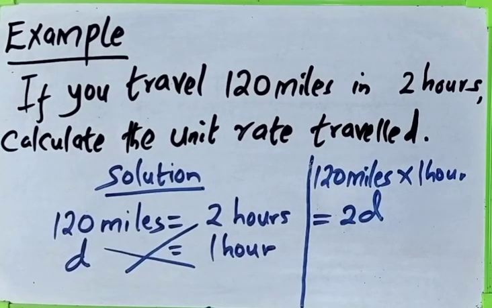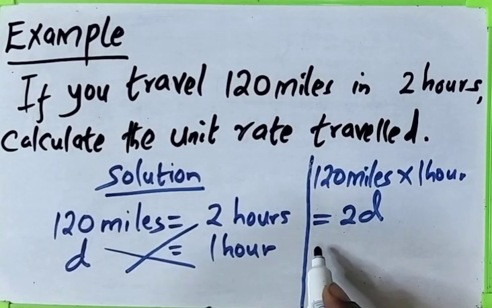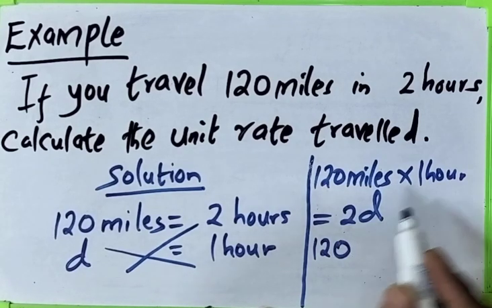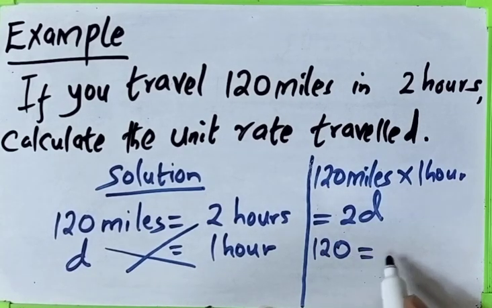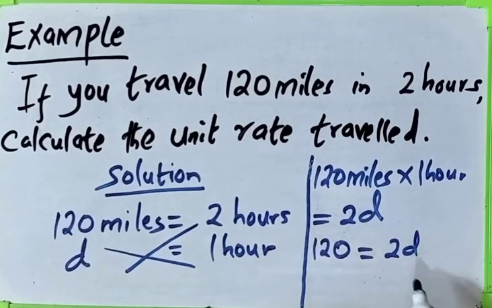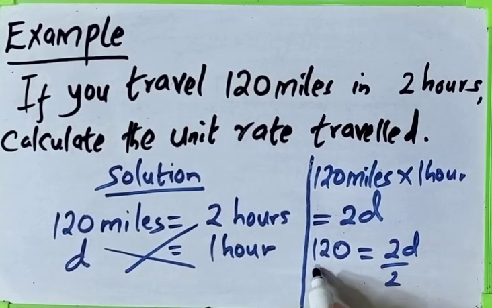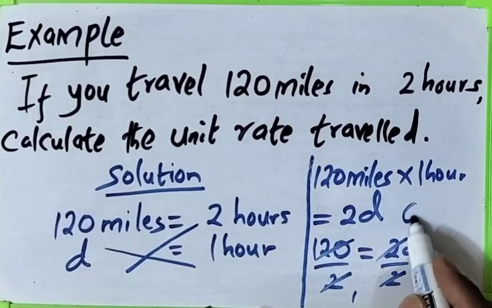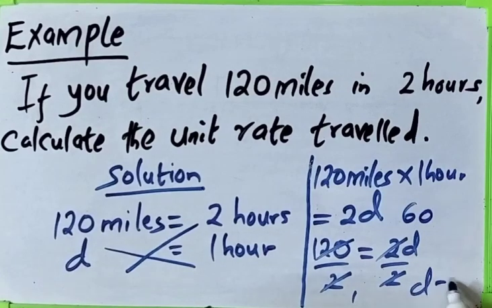So 120 times 1, which is 120, is equal to 2d. So you divide by 2 on both sides, and 120 divided by 2 is 60. So our d is 60 miles.